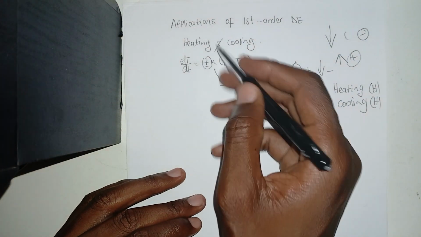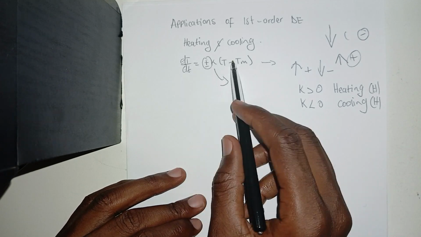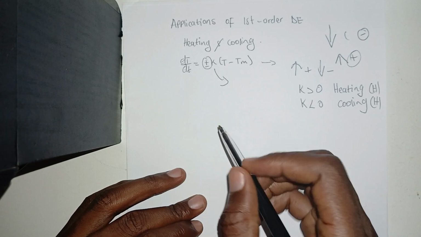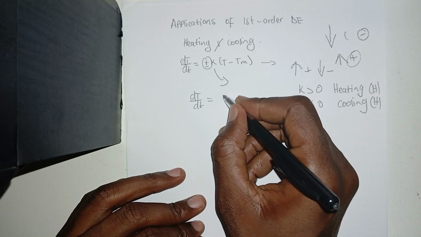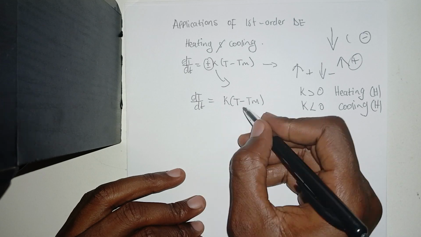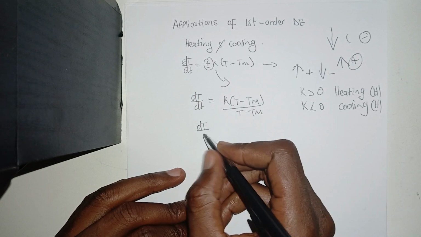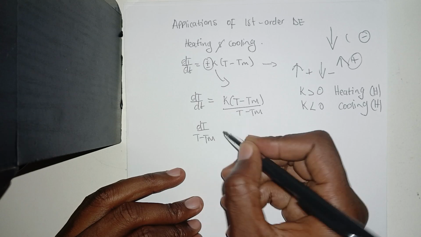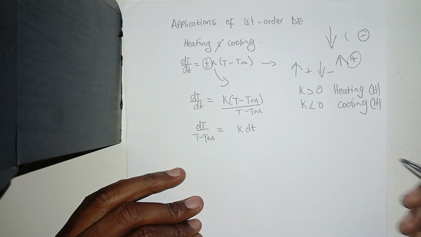Now, let's say we're just choosing positive. First things first, we have to use direct integration. So we have dT over dt is equal to k(T minus Tm). Then divide both sides by T minus Tm, so dT over (T minus Tm) is equal to k dt.